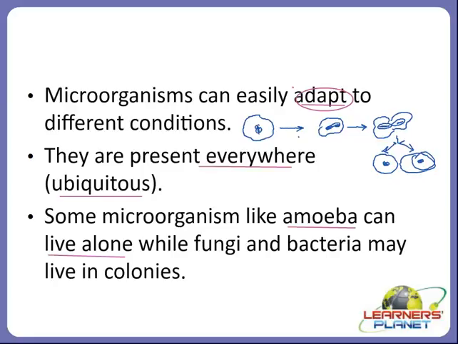Whereas there are certain organisms which are unicellular but will stick to each other and form a colony. Bacteria and fungi are such examples. These fungi and bacteria can live in colonies also. So these colonial organisms, although they are unicellular, live as a group.